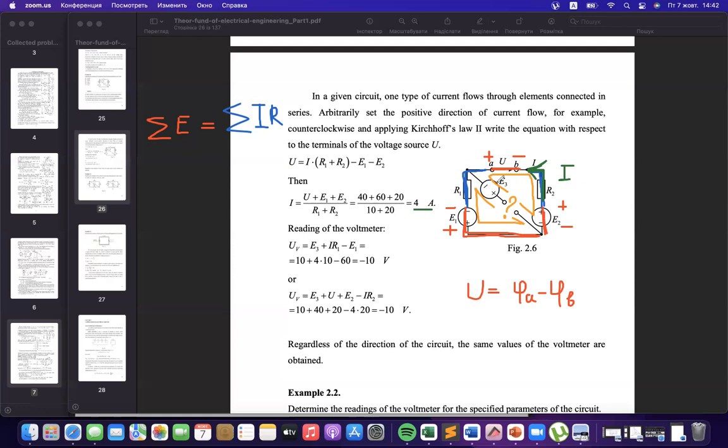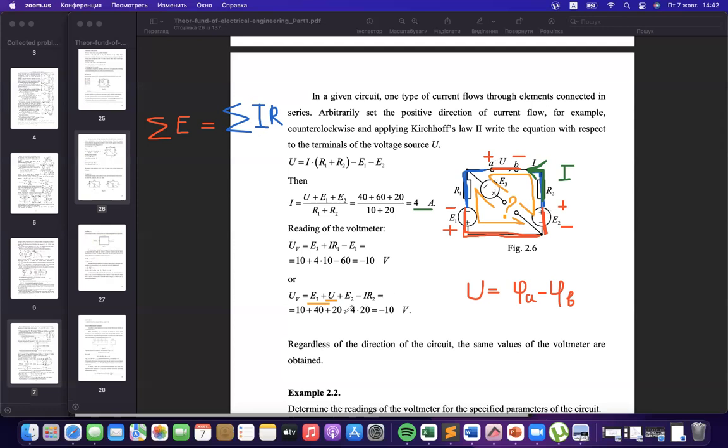If we go through the upper mesh, we take source E3 plus applied voltage. They are directed in the same direction. You could see plus here and plus here.